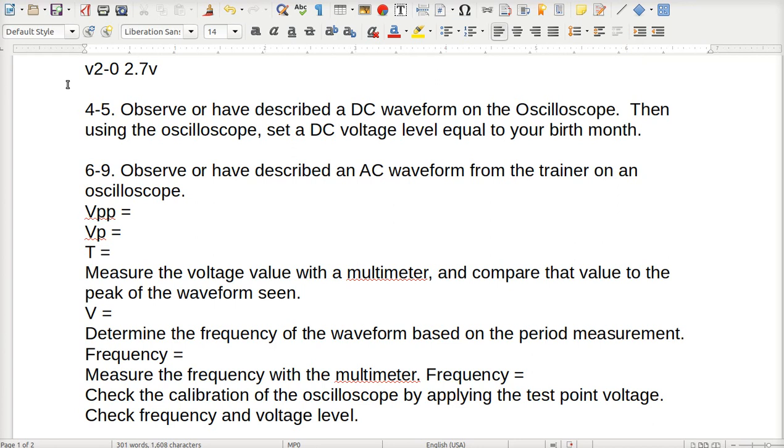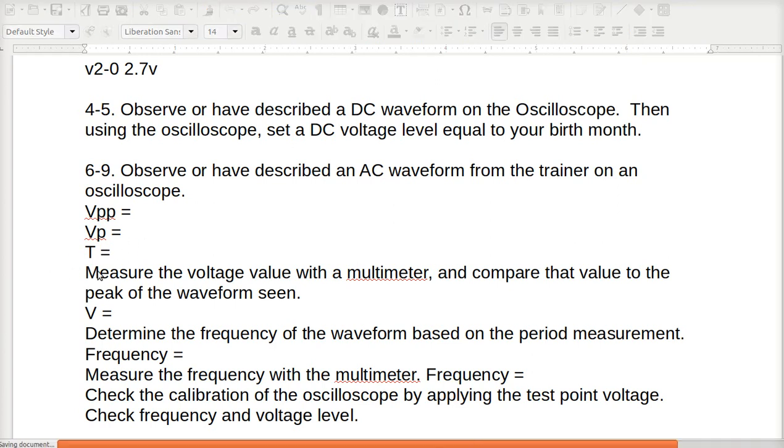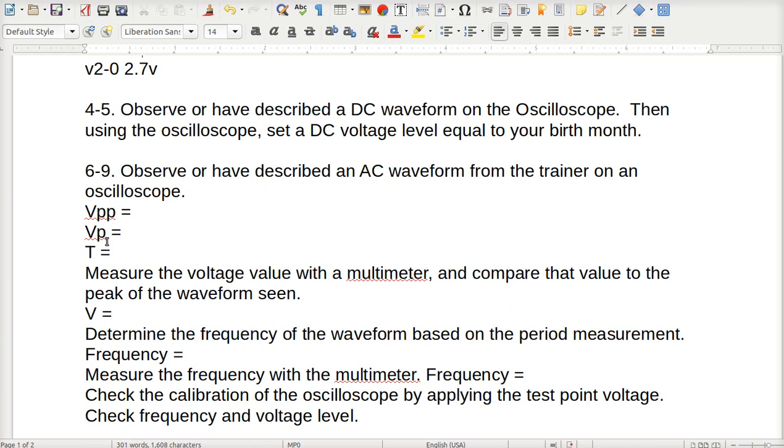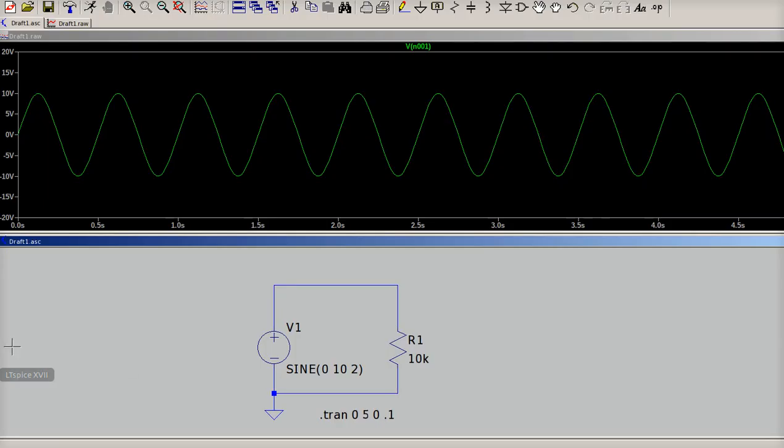The other information you can get from a waveform is something called the period. So how do I measure the period of this waveform? Well, the period of the waveform has to do with how often it repeats.